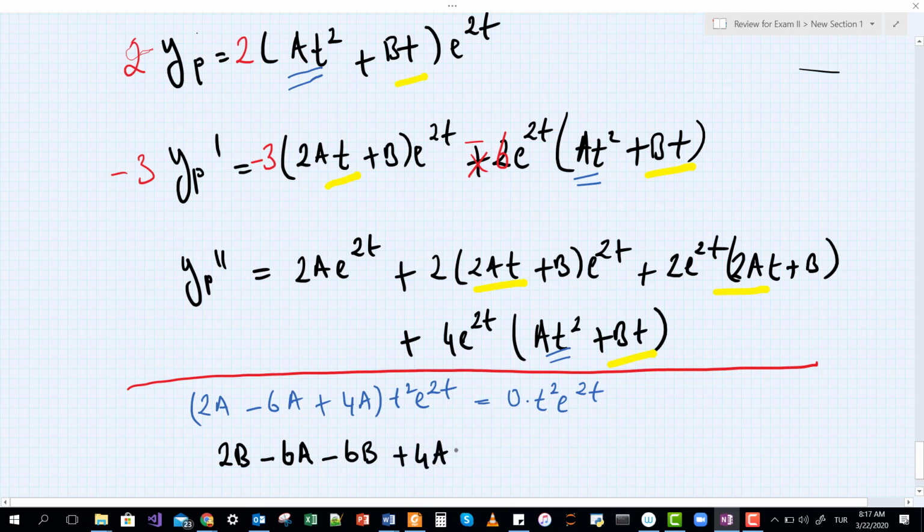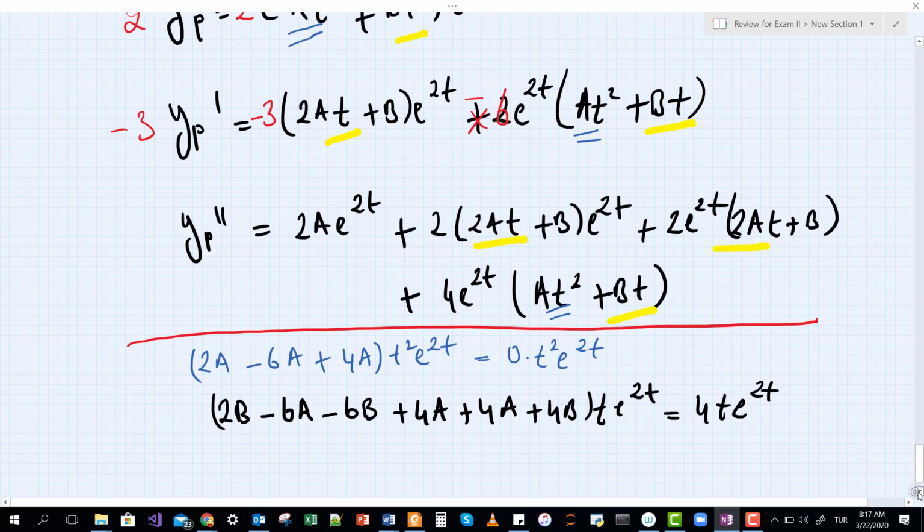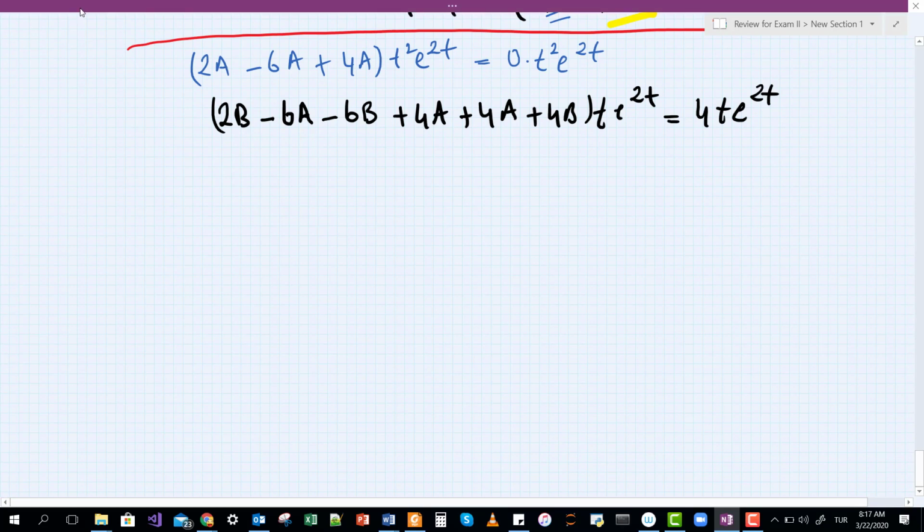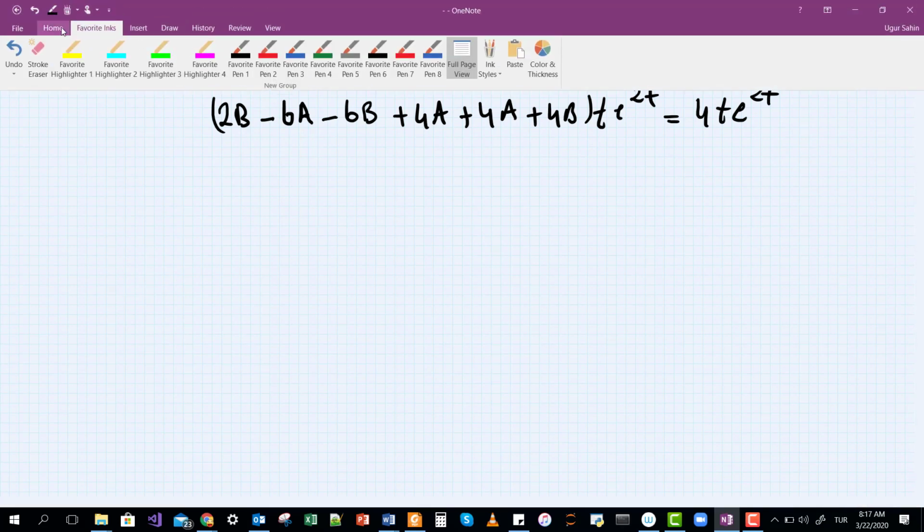I have 4a, another 4a, and plus 4b. A lot of the t terms around. So t times e to the 2t, and then I just have one term on the right hand side for t e to the 2t. Great. These are my yellow terms.